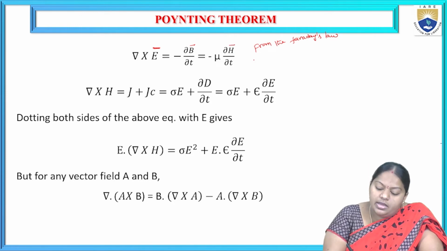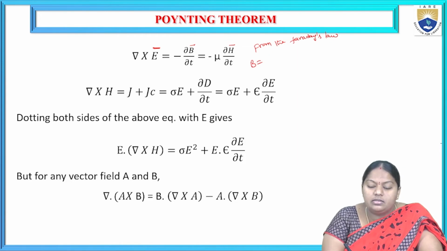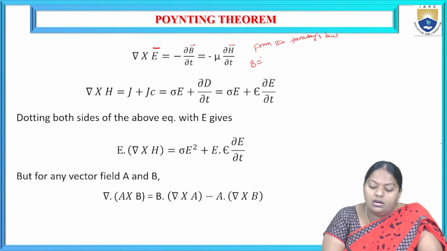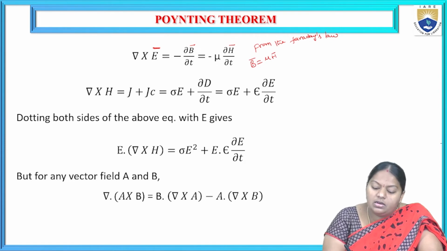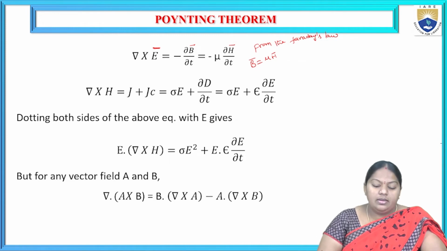Why? Because, as we know, the relation between B and H, where B is the magnetic flux density and H is the magnetic field intensity, is B bar equals mu into H bar. So B bar is the magnetic flux density, mu is the permeability of that medium, and H bar is the magnetic field intensity, right?